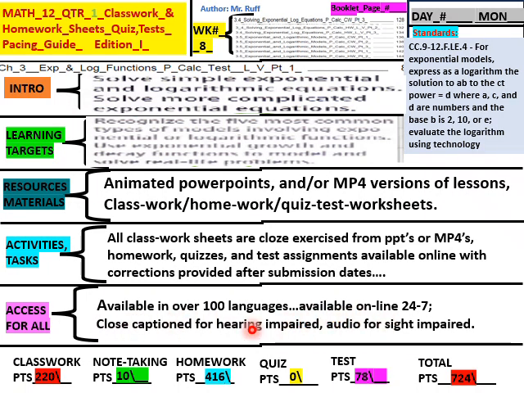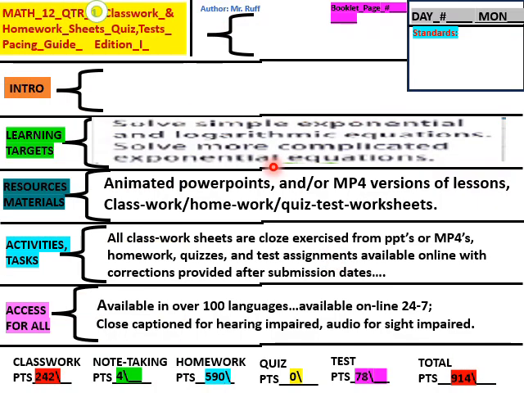Available online 24/7. Closed caption for hearing impaired. Audio for sight impaired. And then classwork is 220 points. Note taking is 10 points. Homework is 416 points. Quiz 0, we got a test of 78 points. So the total for week 8 is 724 points.